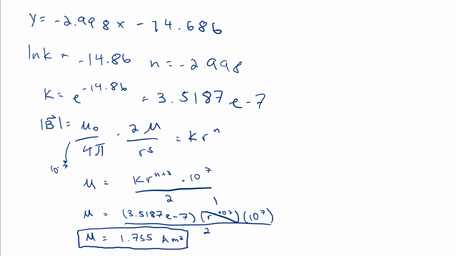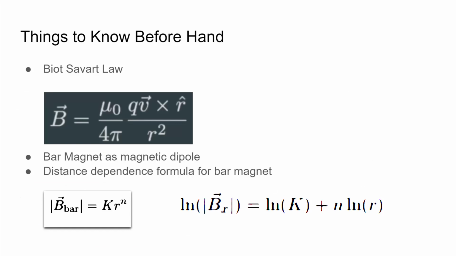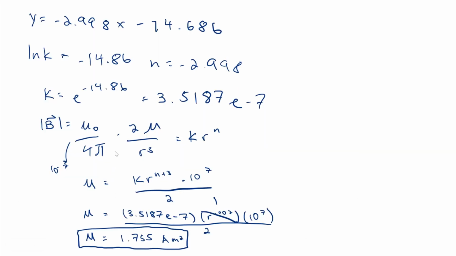And then you set the Biot-Savart's law equal to the magnitude of the bar, which equals k times r to the n. And then you get that the magnetic dipole moment is equal to k times r to the n plus 3 power times 10 to the 7th over 2.